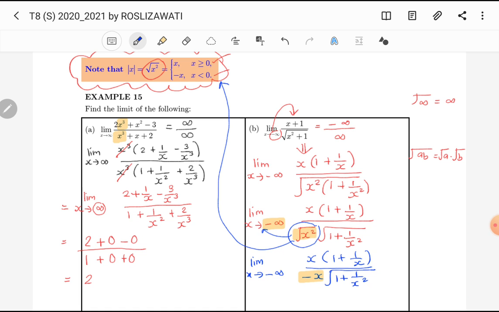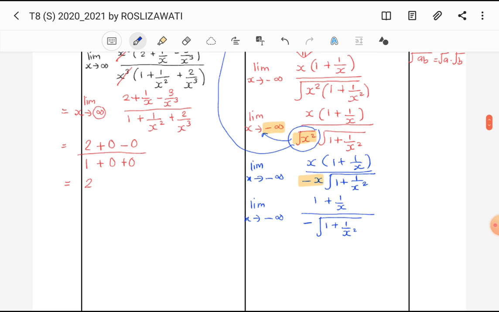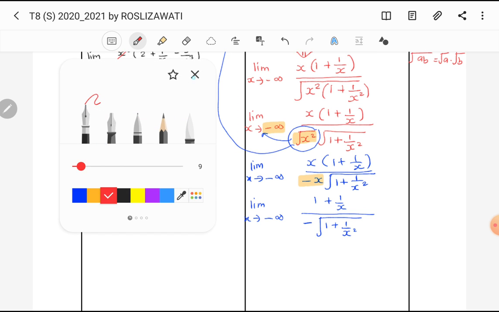Okay, and after this, we can try to simplify. We have x over x. So, dia akan jadi limit as x approaches negative infinity. Okay, after simplify, we will get 1 plus 1 over x divide by, we still have negative, ada negative tu. And then, square root of 1 plus 1 over x squared. Okay, dah habis simplify kan? Okay, last step is to substitute. Substitute apa?